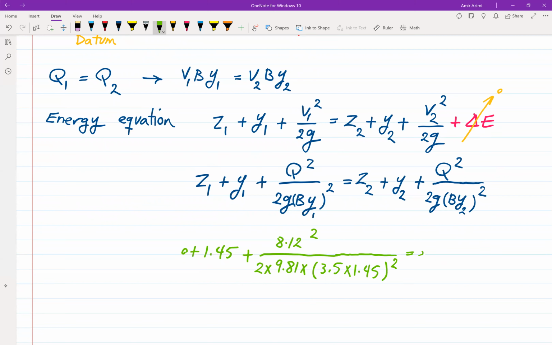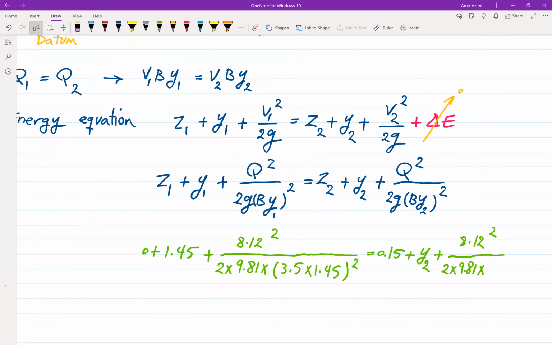is equal to 0.15 plus y2 plus 8.12 square divided by 2 times 9.81 times 3.5 y2 square.